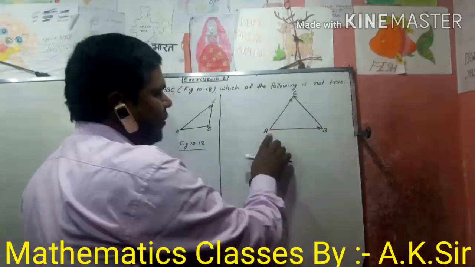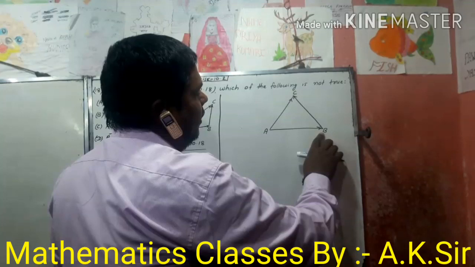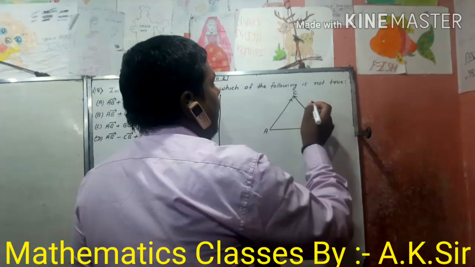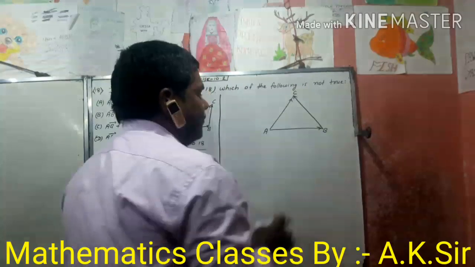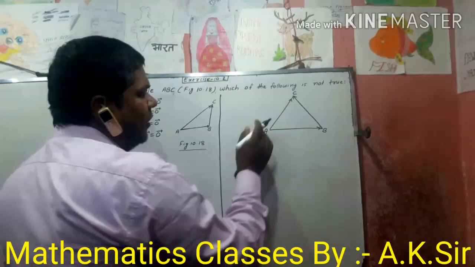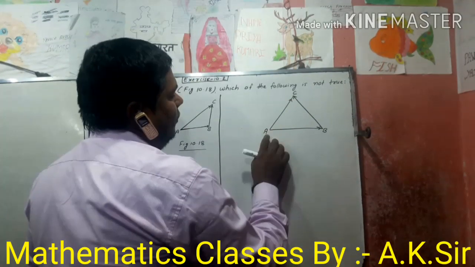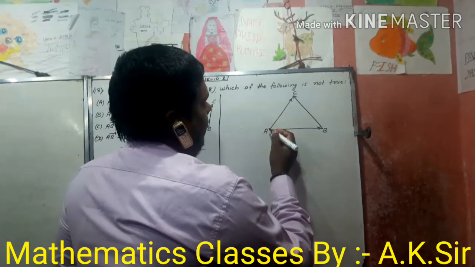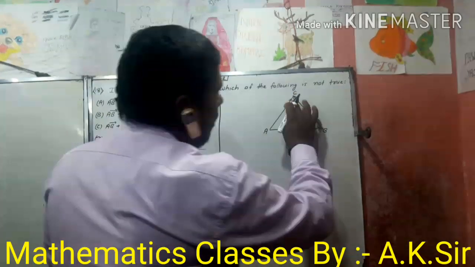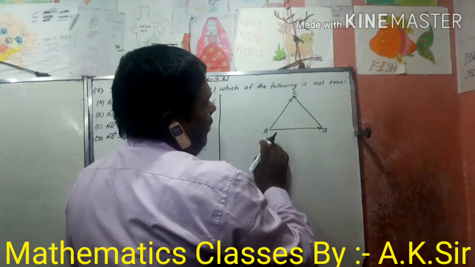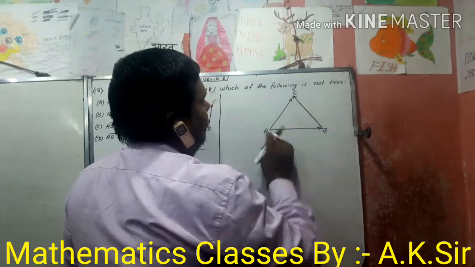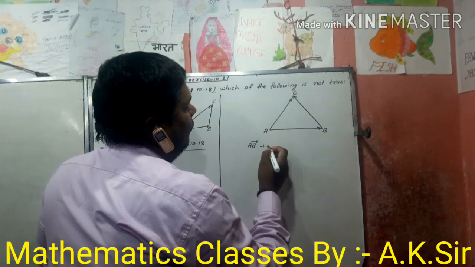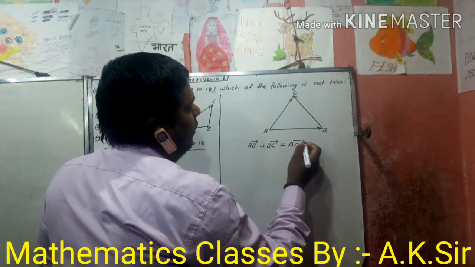If A is the initial point and B is the terminal point of AB vector, and B is the initial point and C is the terminal point of BC vector, and the third vector AC has A as initial point and C as terminal point, then AB vector plus BC vector is equal to AC vector.